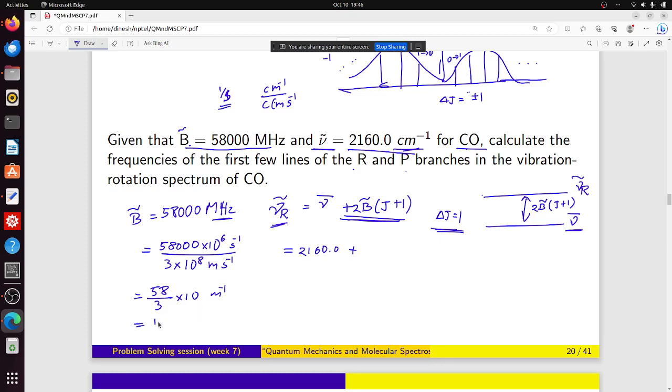Then this will be 160 meter inverse. Now we have to convert it to centimeter inverse. So this will give me 160 times 10 to the power 2 centimeter inverse, right?